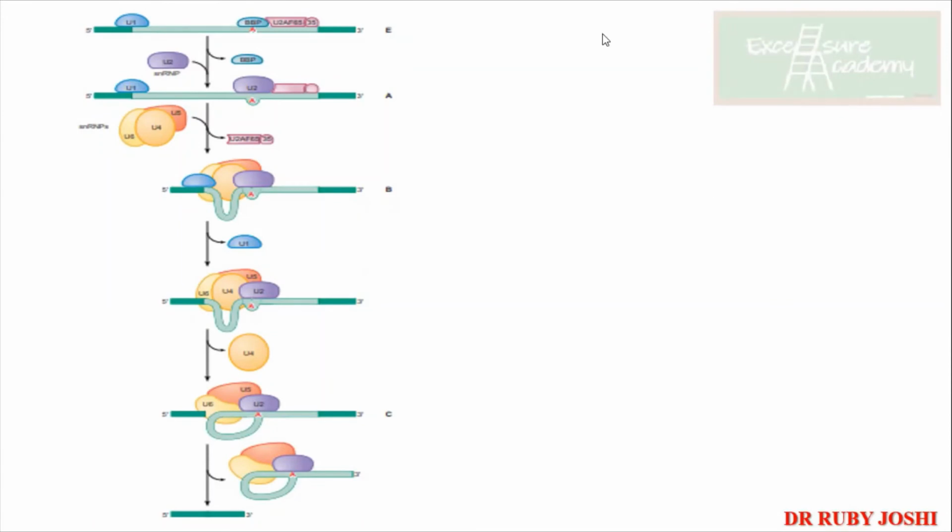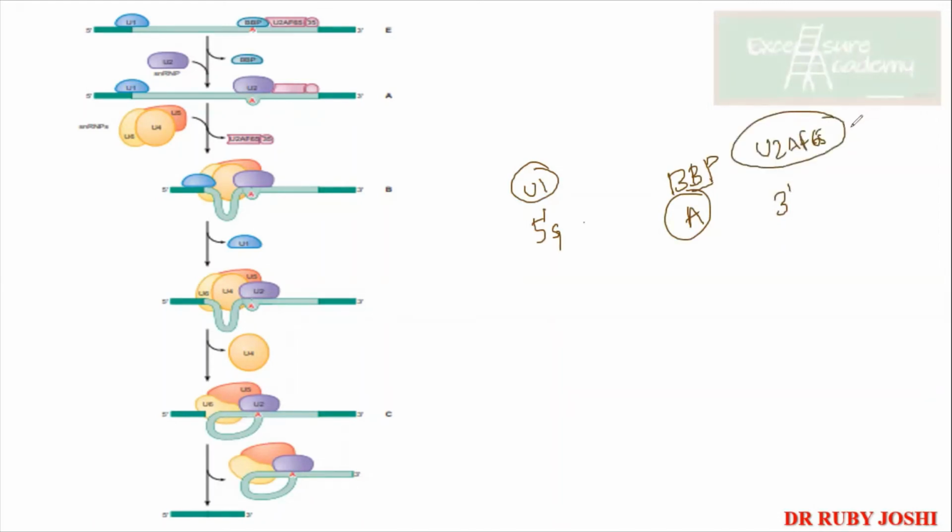First you have got the RNA, and you can see that to the 5' splice site, your U1 is coming. Okay, to your branch site, BBP is coming. This is your branch point binding protein. And then to the 3', it is your U2AF65, the larger subunit of the protein. And then you have got the 35.